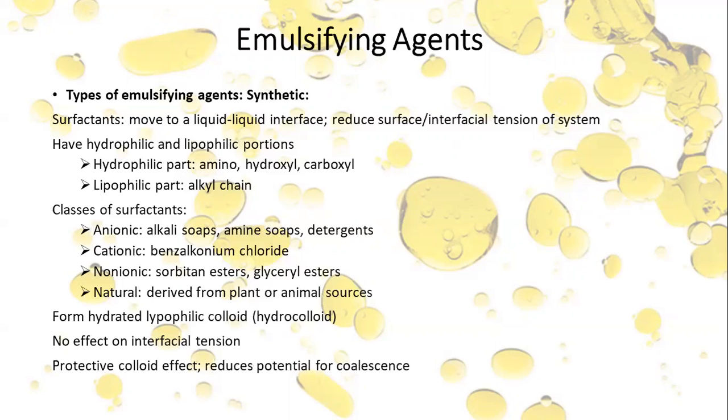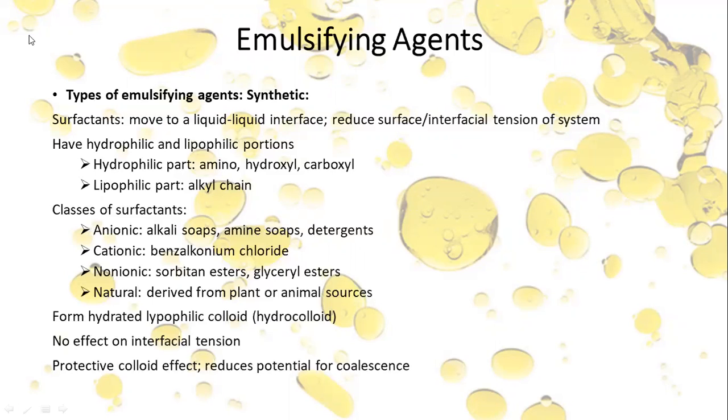The semi-synthetic polysaccharide emulsifying agents, here the examples are methyl cellulose, sodium carboxymethyl cellulose, etc. The synthetic emulsifying agents are three types: anionic, cationic, and non-ionic. Examples of inorganic emulsifying agents are milk of magnesia, magnesium oxide, magnesium trisilicate, magnesium aluminum silicate, bentonite, etc. And the alcohol type emulsifying agents are cetyl alcohols, cholesterols, lecithins.